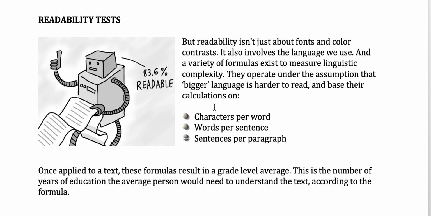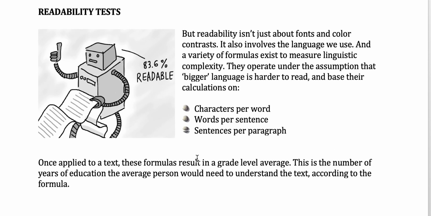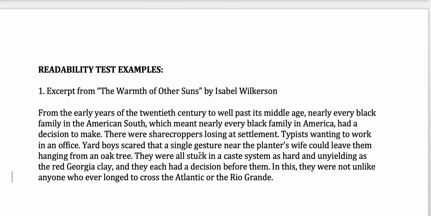This is the number of years of education that the average person would need to understand the text according to the formula. There's several different popular formulas. There's also some good sites that run all the different formulas at once. Let's look at an example of it here.